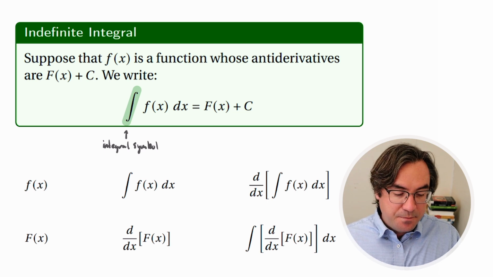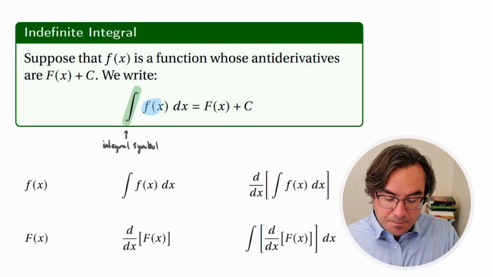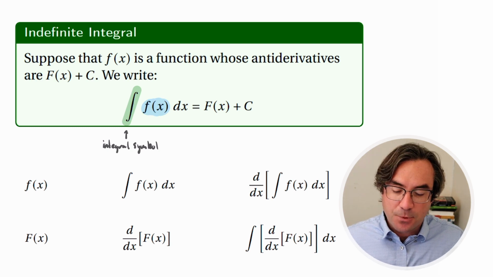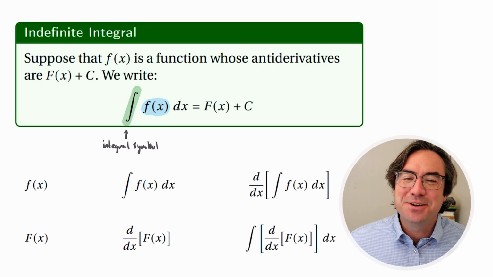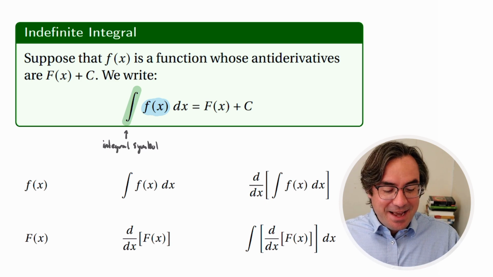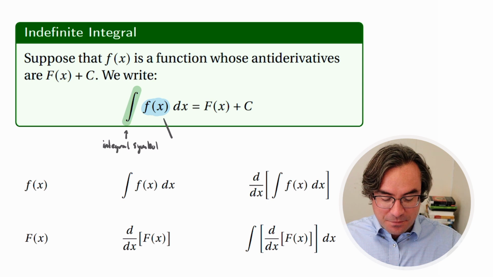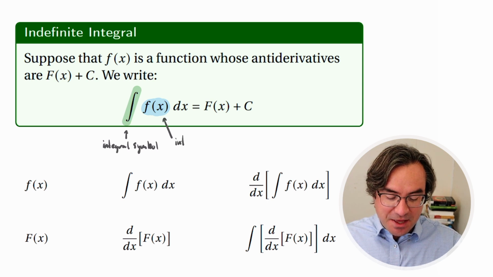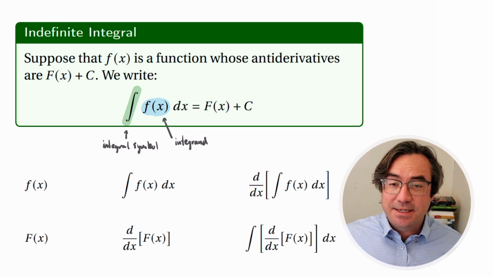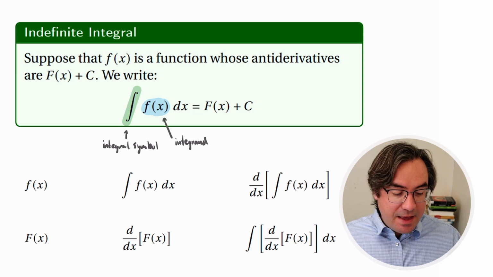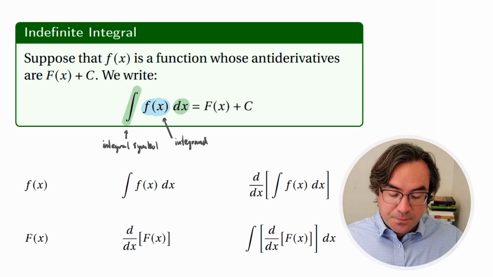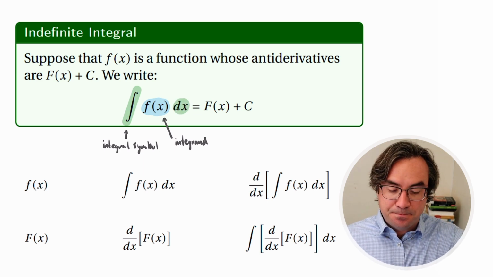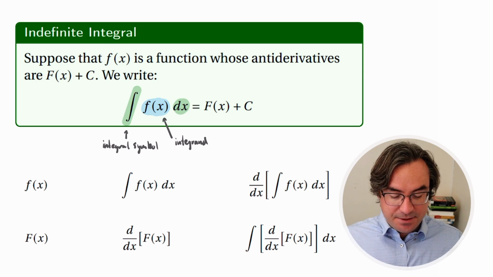Then the function we're integrating is f of x, and sometimes we'll call that the integrand. It's the thing we're trying to find the antiderivative of. And then on the other end, we have this dx, and this is called the differential.